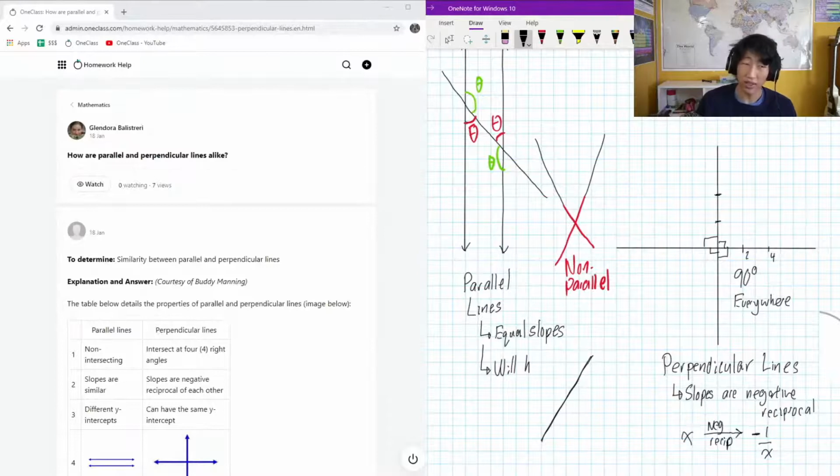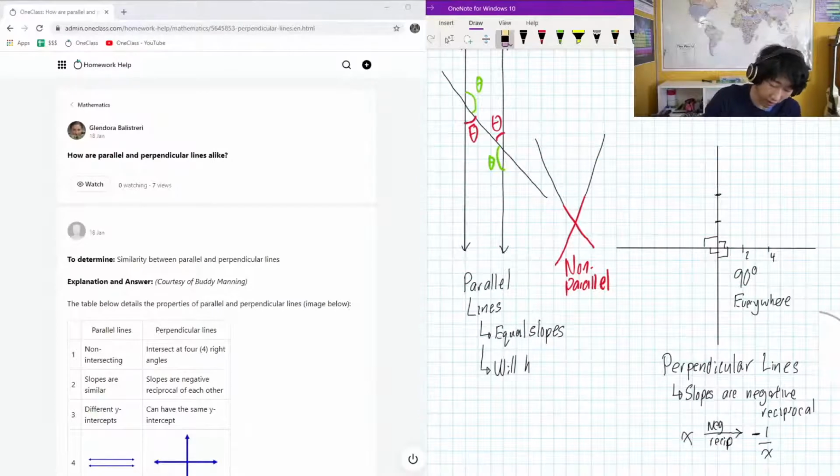You would want to call them equal lines or the same lines instead of parallel. It's just a more descriptive way of talking about that. So we'll have different y-intercepts when they're not the same line.